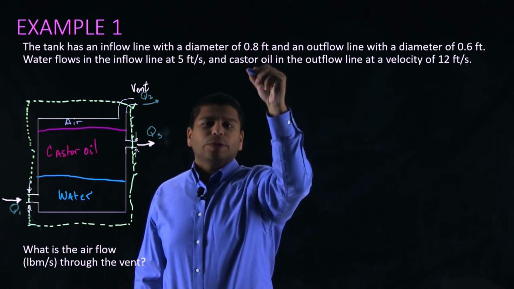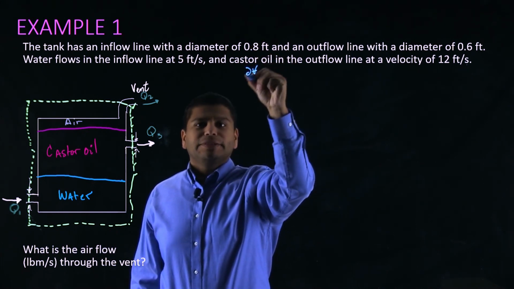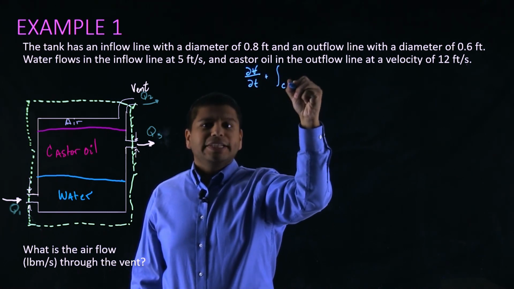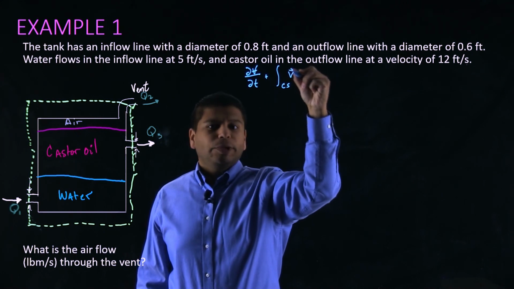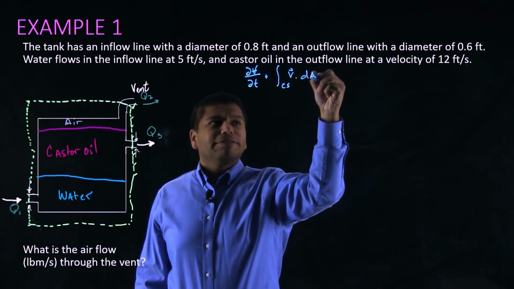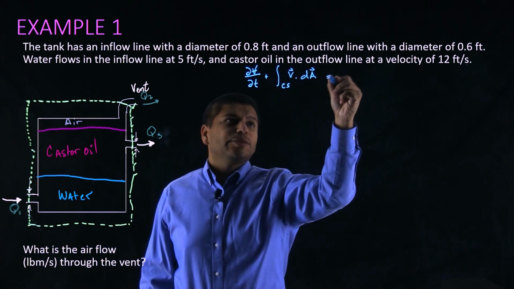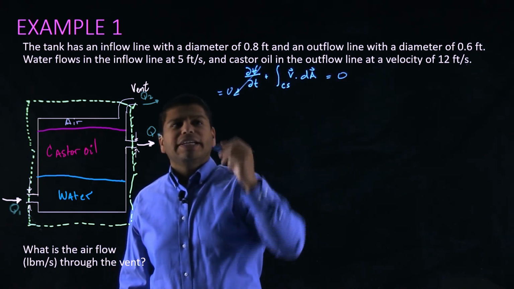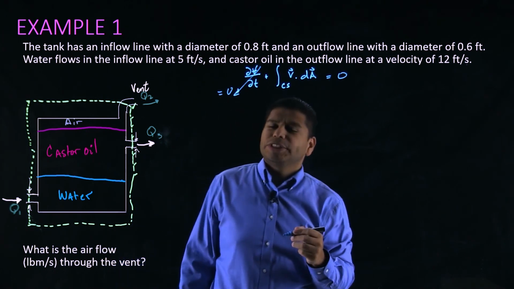So we write dV/dt plus the integral over the control surface of velocity times the differential of area, equal to 0. We know the first term is 0 because, as we mentioned before, there's no change in volume.